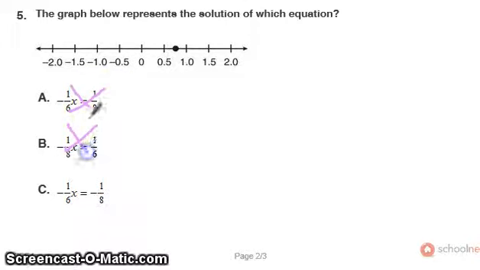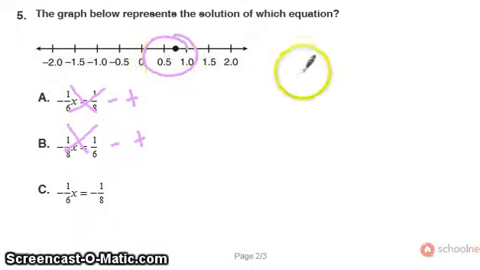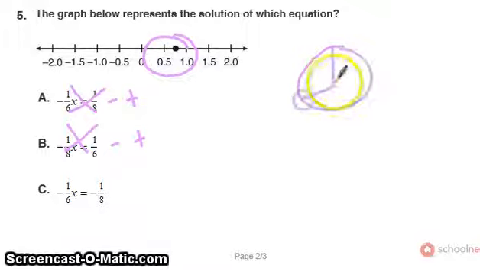The reason being is it only had a negative and a positive. If I have to multiply or divide to get back to a positive, I need 2 negatives, okay? I need 2 negatives if I'm multiplying or dividing to get back to a positive.